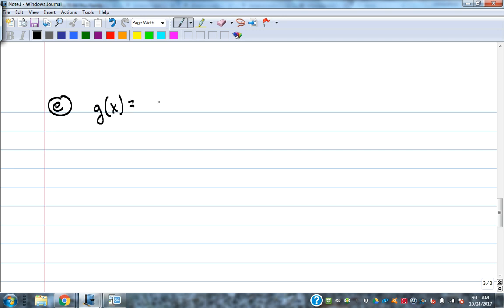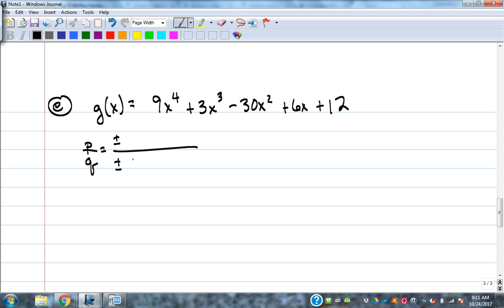Look at this polynomial. Put a number in front as the leading coefficient. All right. 9x to the fourth plus 3x to the third minus 30x squared plus 6x plus 12. We'll have to do a little bit more work on our P over Q list this time.